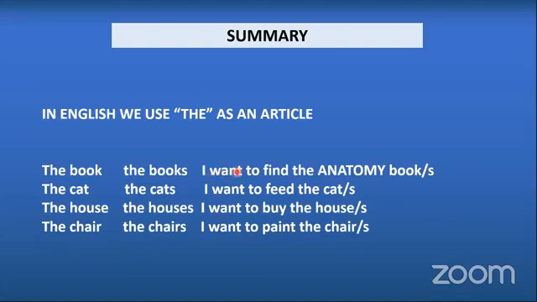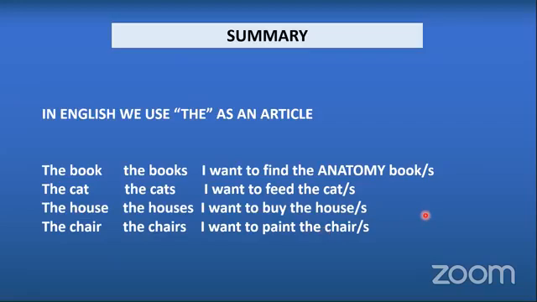When we said, I want to find the anatomy book, I know specifically which type of book I want to find. When I said, I want to feed the cats or the cat, I know which cat I want to feed. I want to buy the house. I know which one. I want to paint the chairs or the chair. I already bought it.